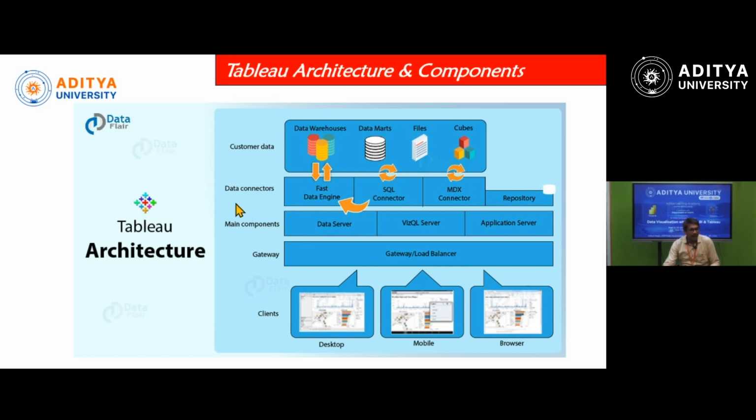Here we have data connectors. If you are working with a data warehouse, we make use of data engines. If you are using data marts or files, we use a SQL connector. And when we are using cubes, we use MDX connectors. And MDX is nothing but a metadata extracted connector.